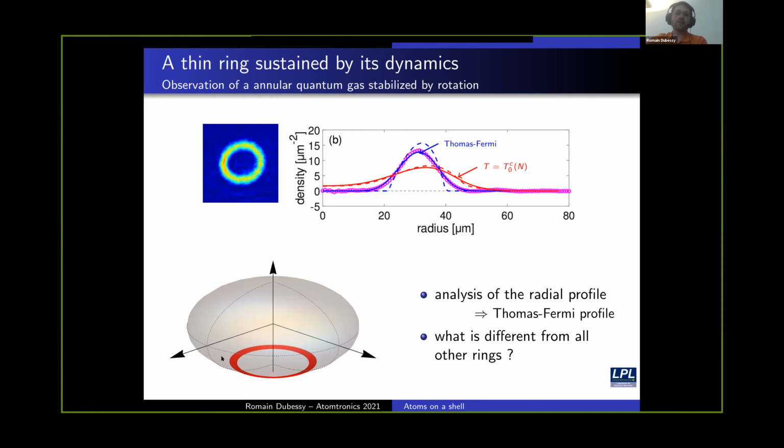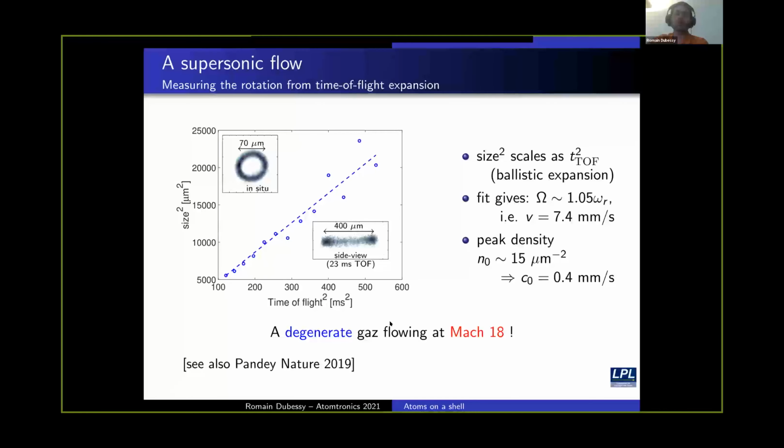So you can say, okay, this is just another ring. We have seen many rings produced by different techniques in the past week. What is so special about this ring? What is special is that it's rotating very fast. If we perform a time of flight expansion on this system, we see that the expansion is almost purely ballistic, and the size of the system grows with time of flight as you expect for a ballistic expansion.